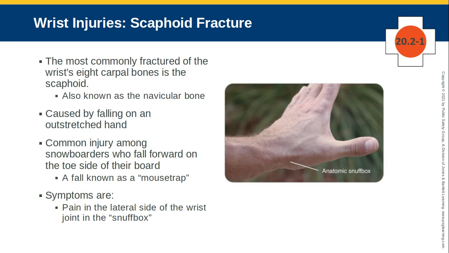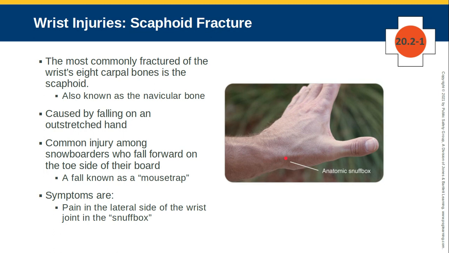Moving more distally into the wrist, one of the major bones that we find in the carpal bones of the wrist is the scaphoid. A fracture to the scaphoid can happen, again, from a fall. Think about a snowboarder catching a toe edge. And we have this normal depression that might occur here.